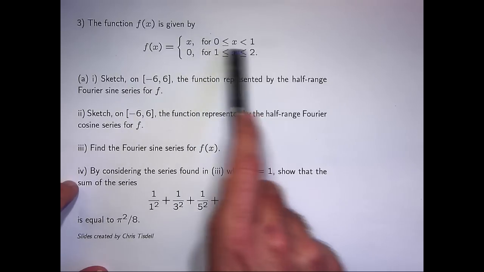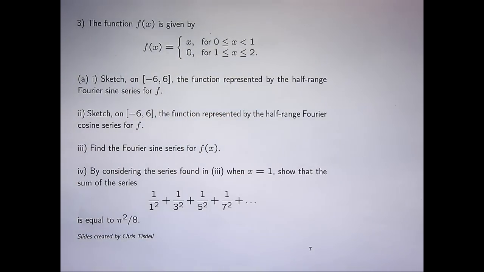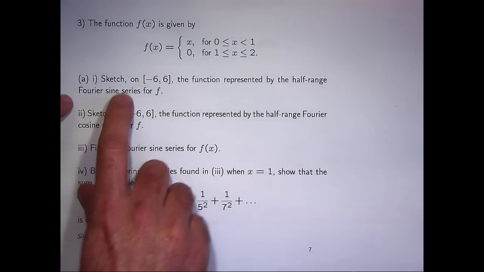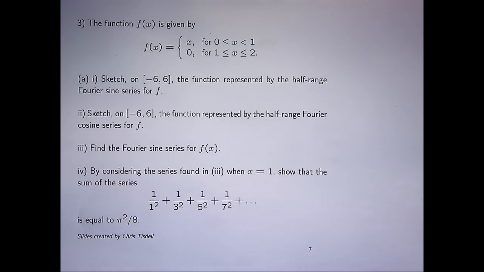It's defined in this way, a sort of a piecewise definition on the interval from x equals 0 to x equals 2. We're asked to do a few things. We're asked to sketch the function represented by the half-range Fourier sine series and the half-range Fourier cosine series on the interval -6 to 6.